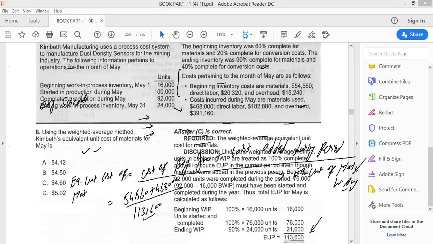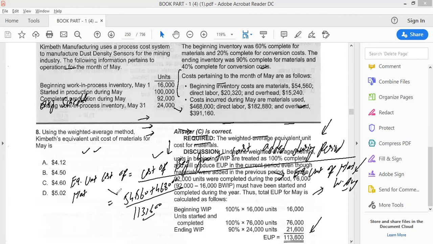113,600. So the time you apply this formula, you notice that we actually require three things in this formula: cost of beginning inventory, cost added during the period, dividing by equivalent units of production for materials.